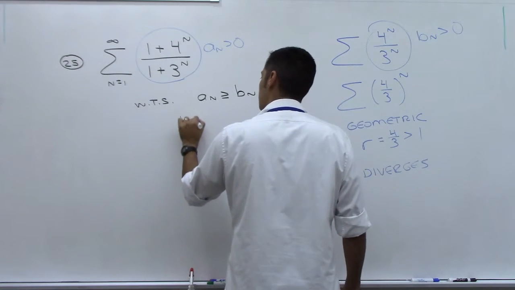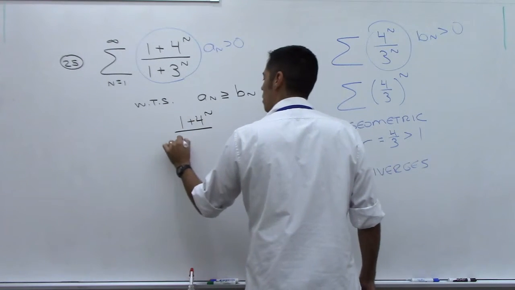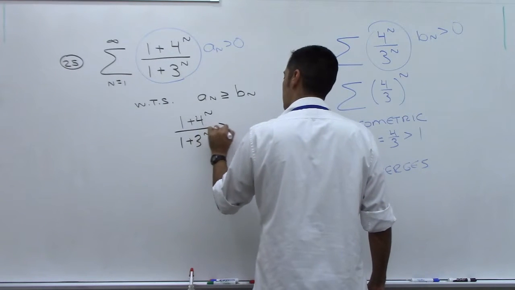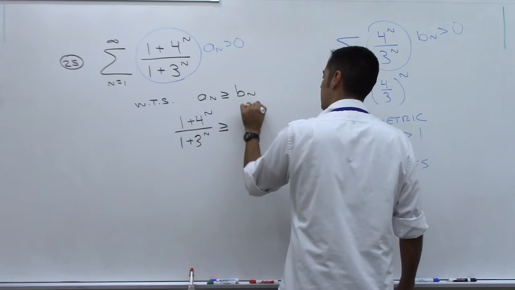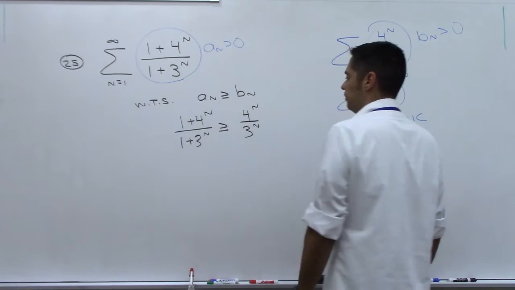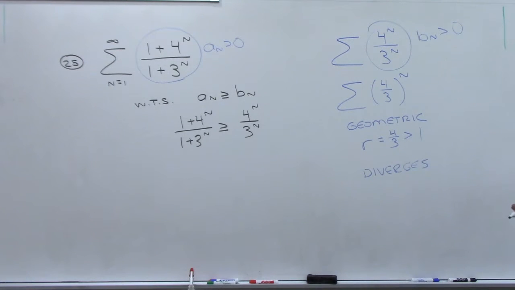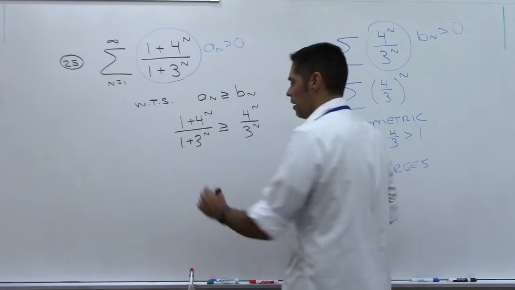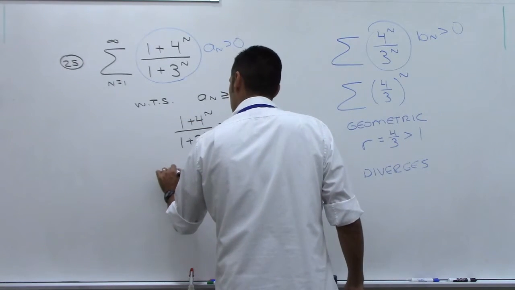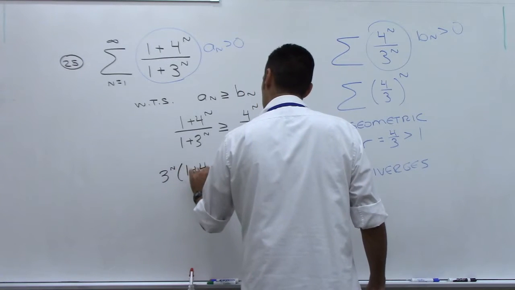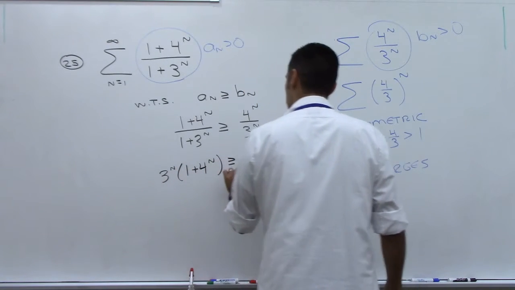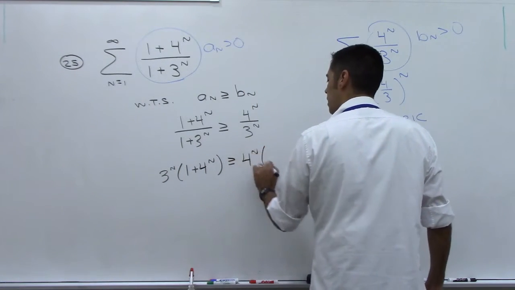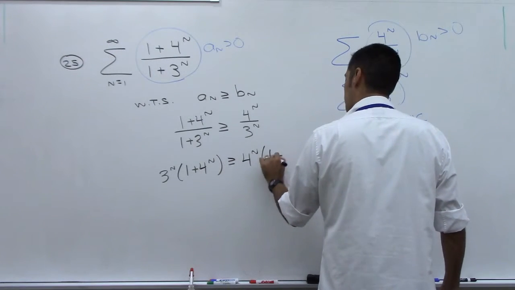So 1 plus 4 to the n over 1 plus 3 to the n is greater than or equal to 4 to the n over 3 to the n. All right, let's multiply both sides, like clear out the fractions. So I multiply 3 to the n over here. I get 3 to the n times 1 plus 4 to the n, greater than or equal to, over here I get 4 to the n times 1 plus 3 to the n.